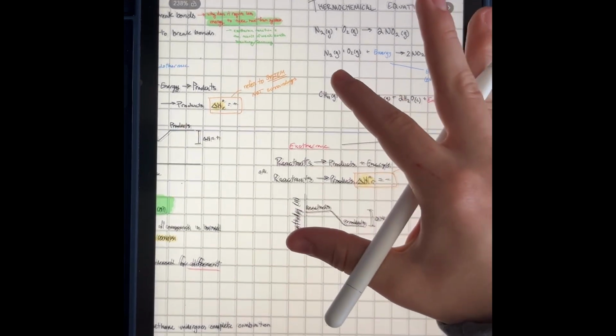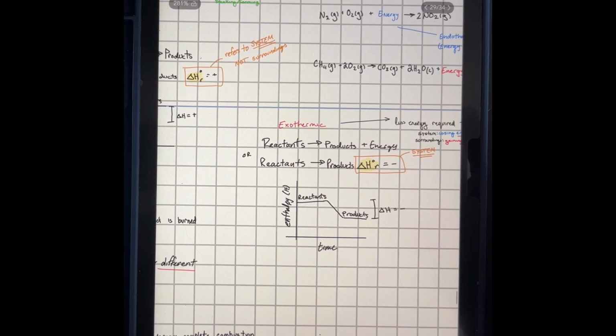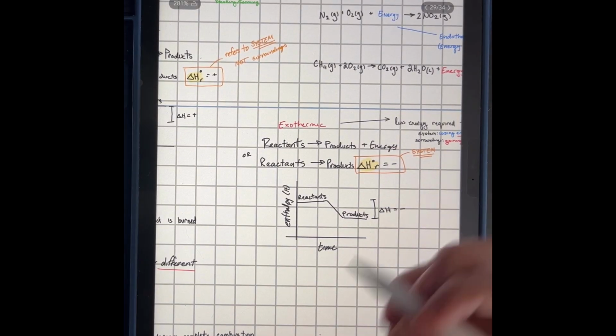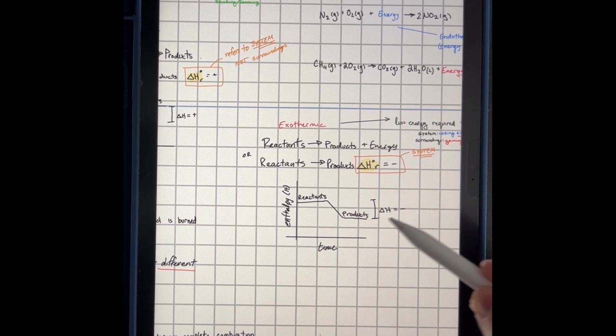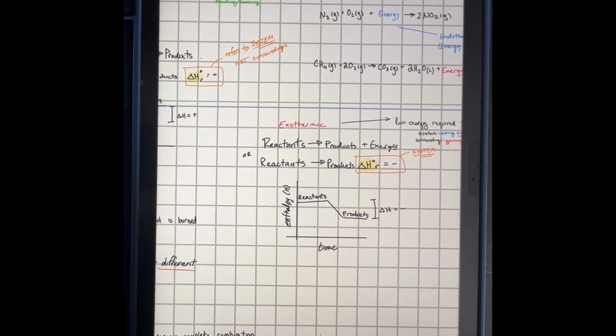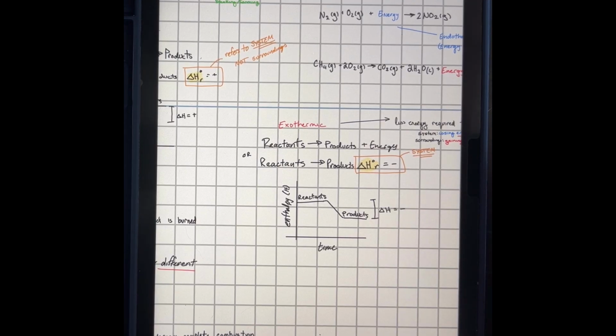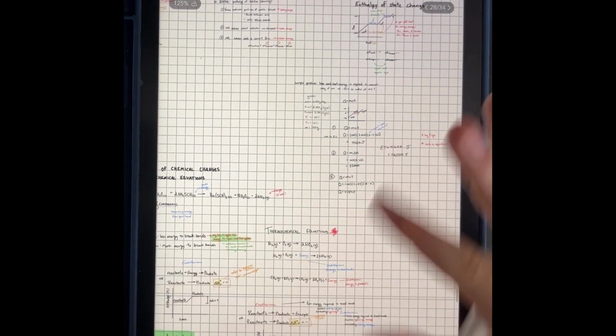So this graph is of the system, right? So we have our reactants, and then our products are at a lower enthalpy. And the way that you are going to find this is just by determining if a reaction is endothermic or exothermic, which I just did with this one, this Q up there.